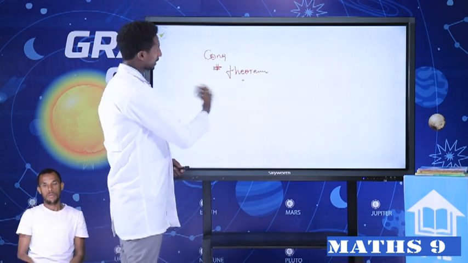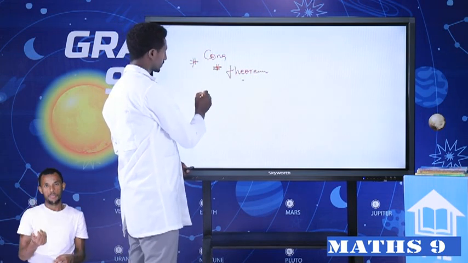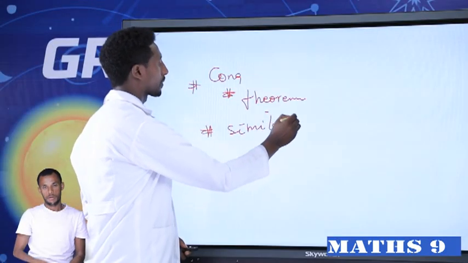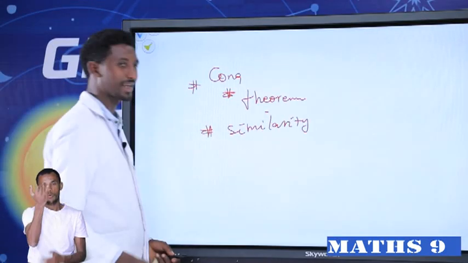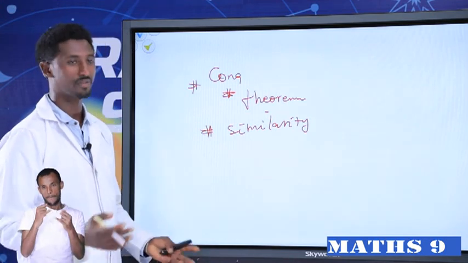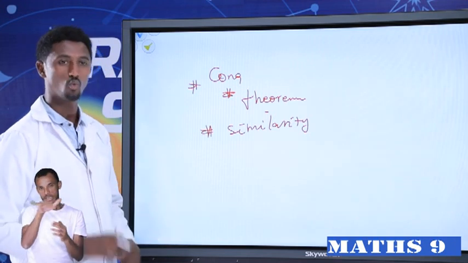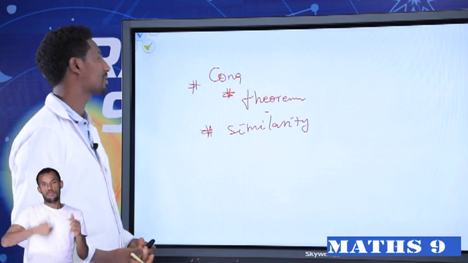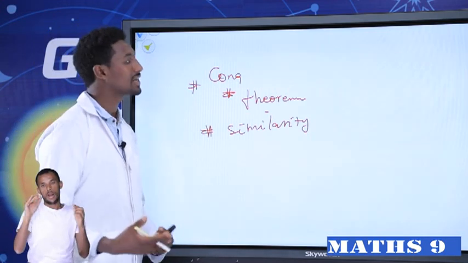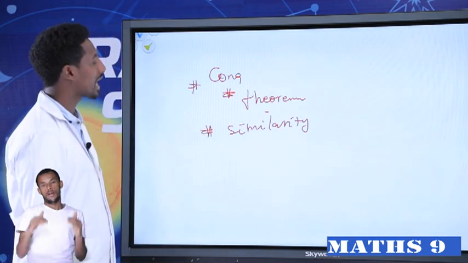And another one on similarity. Any two figures are similar if they have exactly the same shape, but they may have different size. In similarity, one is an enlargement of the other, and angles in corresponding positions are congruent, and sides in corresponding positions are proportional, or they have the same ratio.